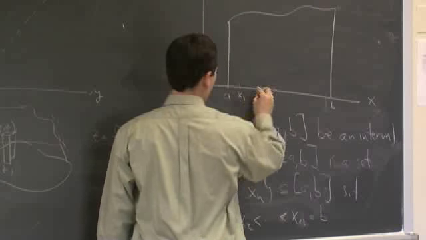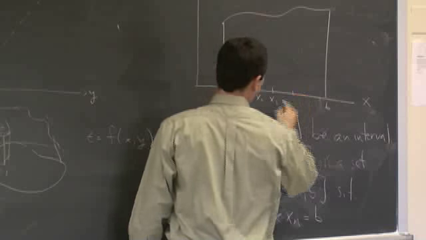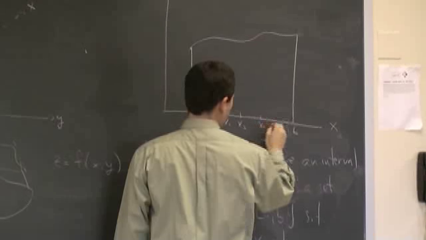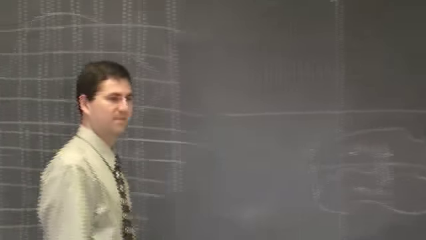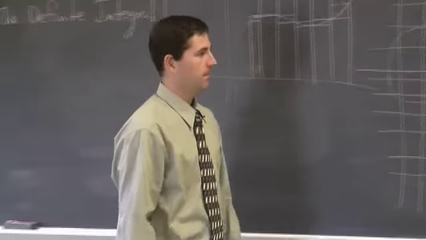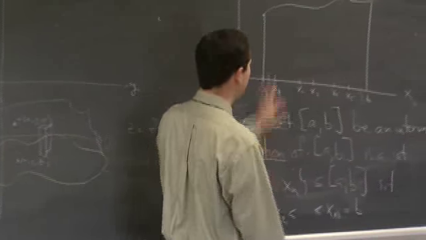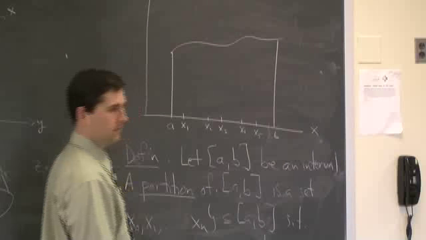There's x1, x2, x3. Notice I'm not making these regular. The spacing is off. And it's not just because I'm incompetent. So this would be a partition of the interval AB. It has nothing to do with the curve. You're just breaking it up.